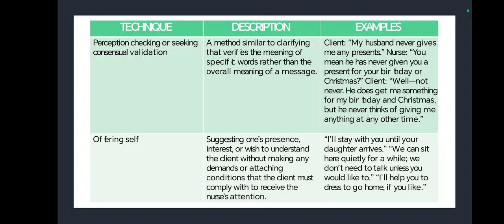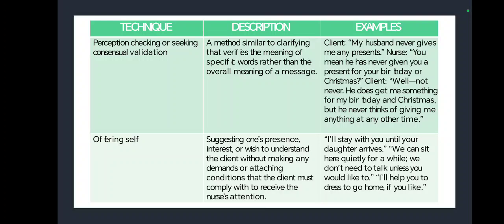Client: well, not never. He does get me something for my birthday and Christmas, but he never thinks of giving me anything at any other time. So you will now conclude that the patient's husband gives gifts, however, not as often as she expects.